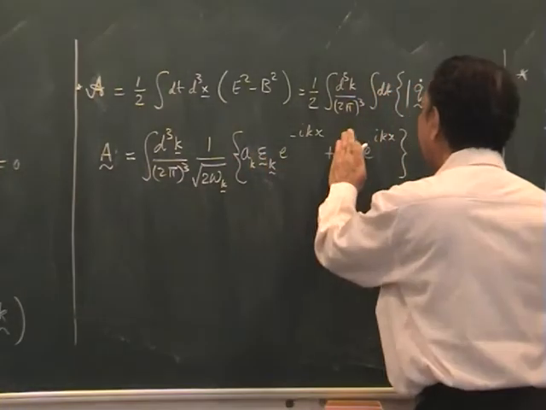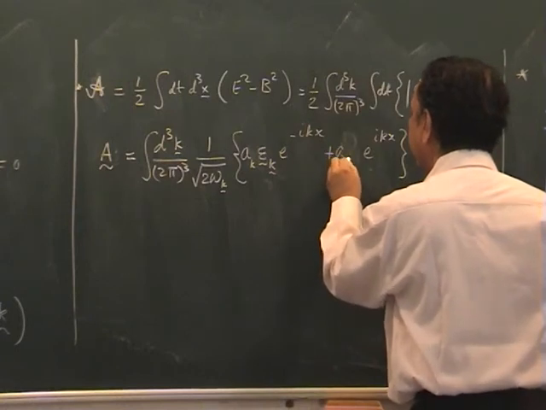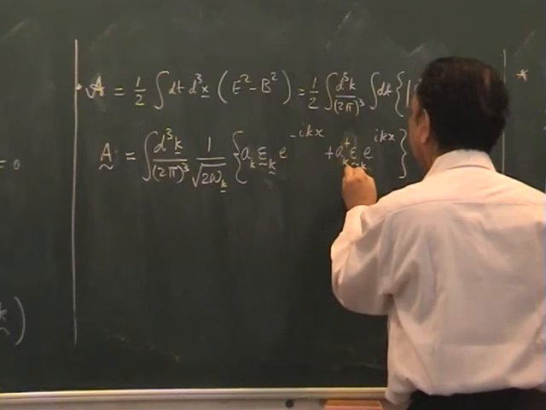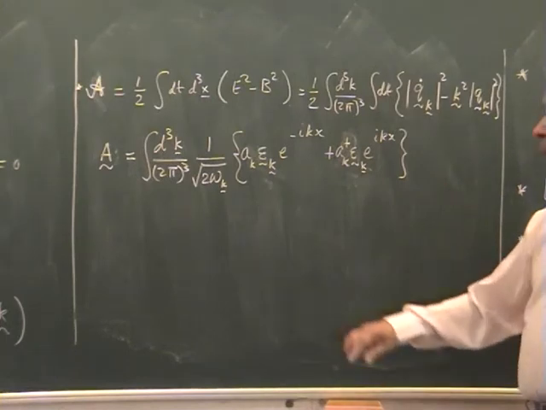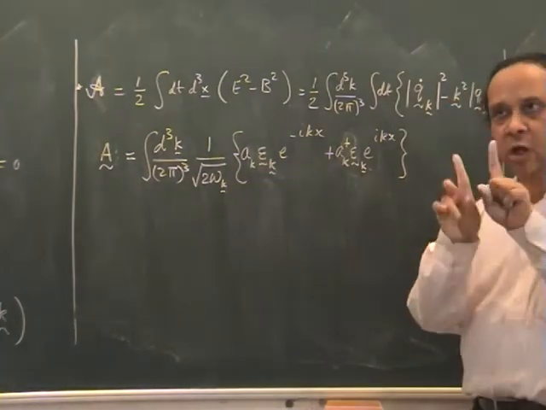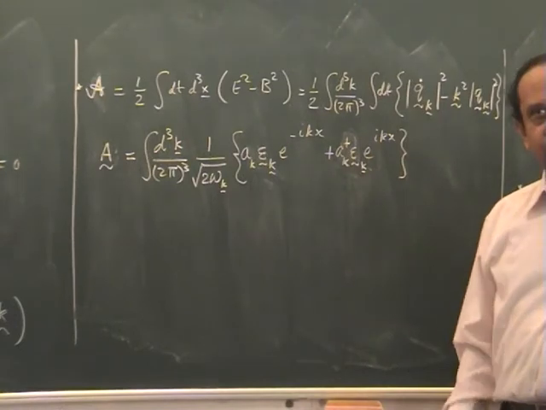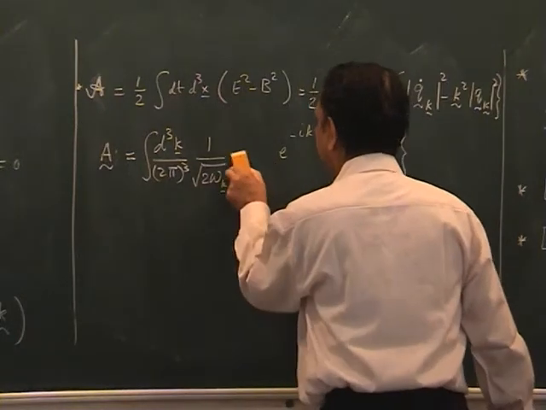And similarly, you have an a_k dagger epsilon_k here. But that is not good enough, because this has two components and you want to deal with both these components independently.